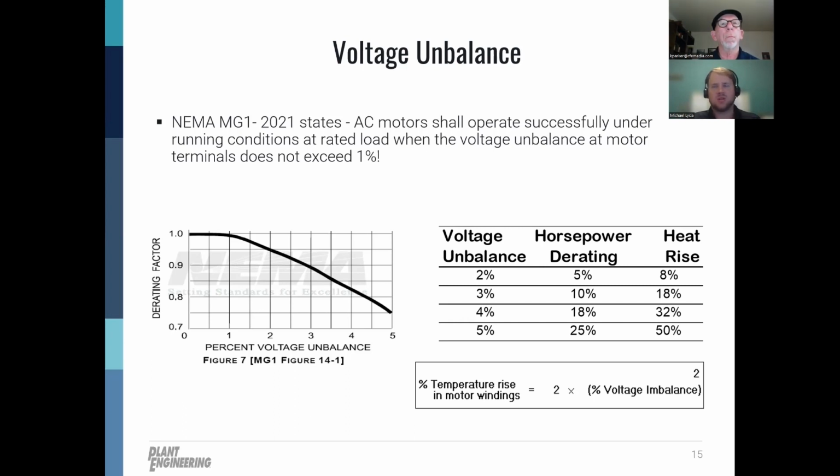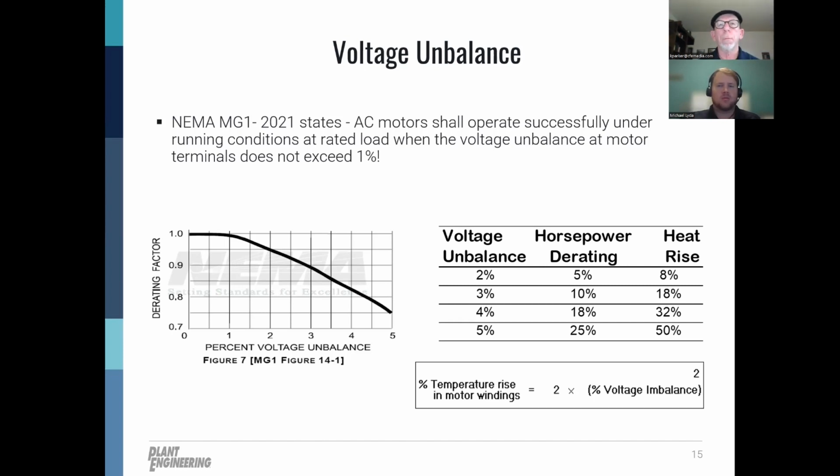You may say, well, 2 to 3% doesn't sound like much, but it can be very detrimental to the motor population over time. You see that from some of the graphs here, the derating factors shown in the figure on the left. The point to be made is that even minor voltage imbalance will lead to horsepower deratings for your motors and your applications.